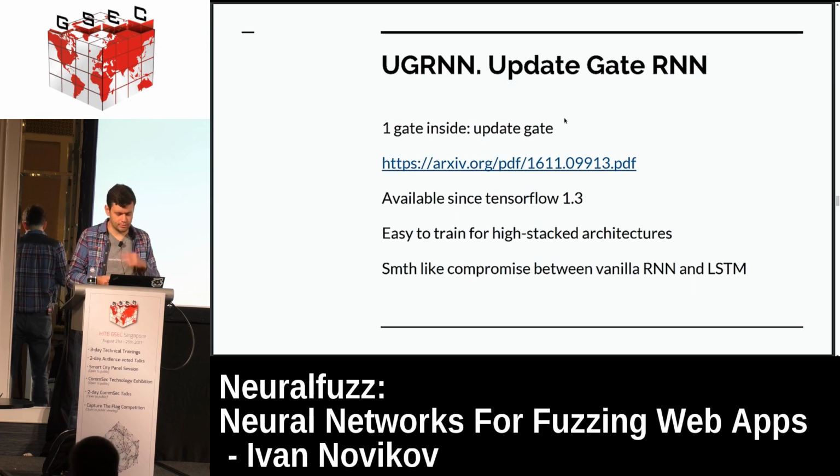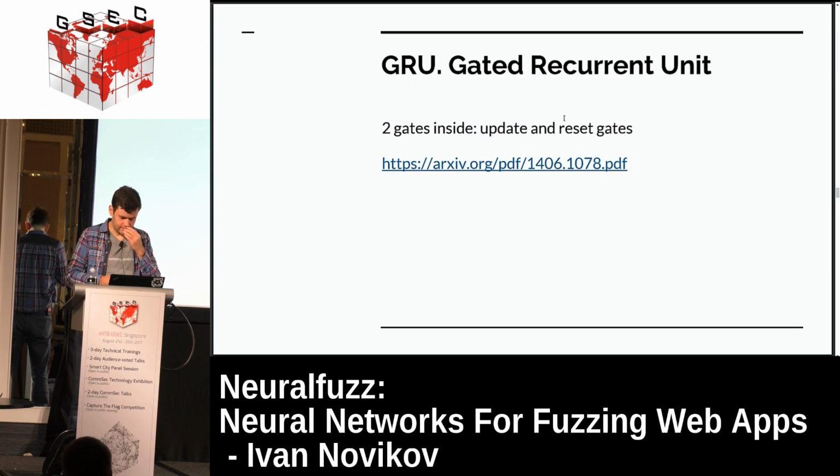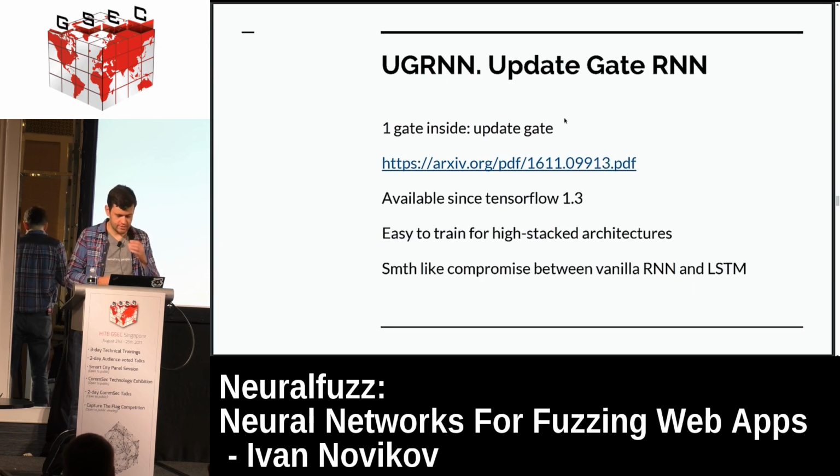Only 1 gate, called the update gate. It's not like the update and reset gates. It's 1 gate, with the ability to store data, to store the state and to reset the state in some cases. The main idea is when we have nothing to store, we are able to reset the state.